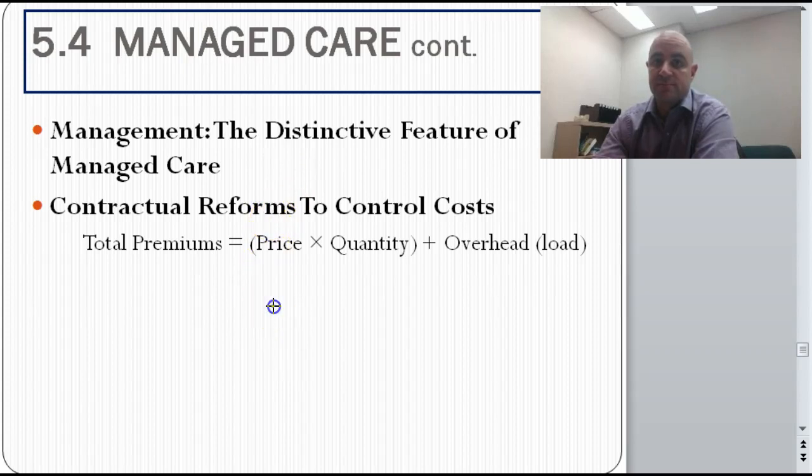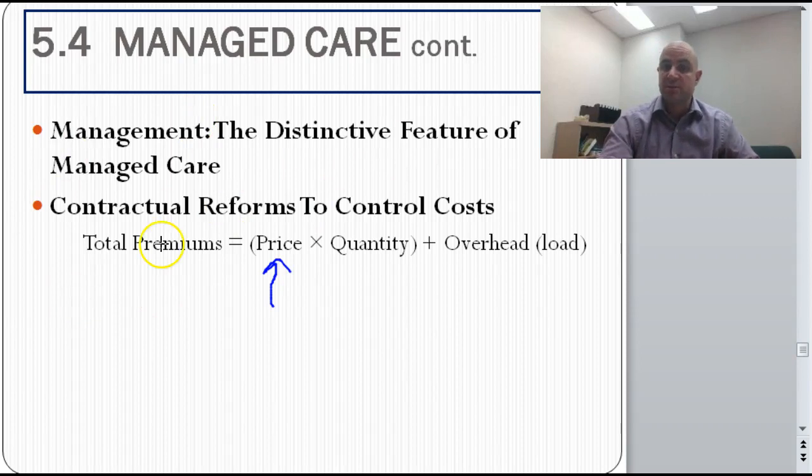The premiums they need to charge must cover their overhead, which is what they pay their employees plus profits, plus what they pay out for the care. What they pay out is the price charged times the number of services received.